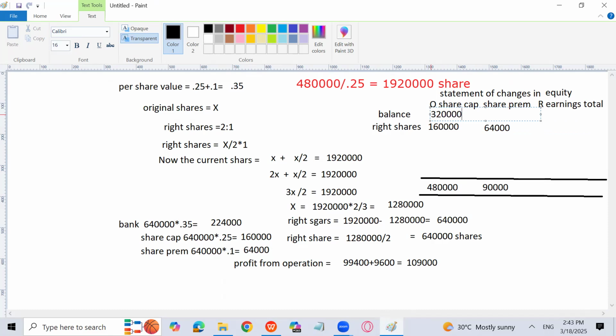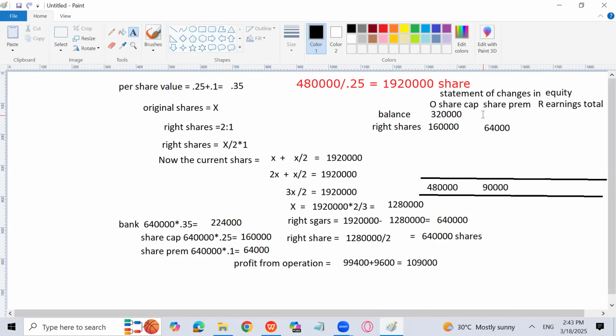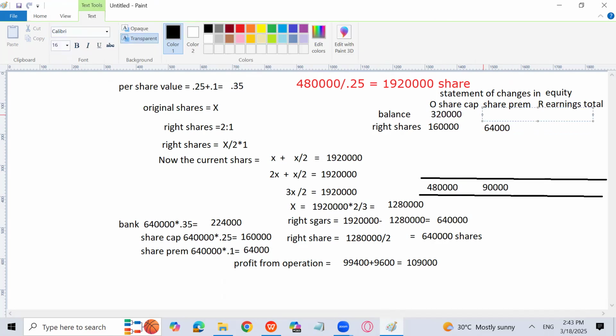How come? 3,20,000 divided by 0.25, you will get 12,80,000 actually. That is the number of shares, original number of shares. Same is the case with share premium. That is 90,000 minus 64,000. 26,000 is the amount of share premium at the start, plus 64,000 we'll get the 90,000.